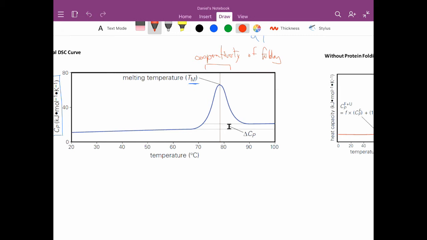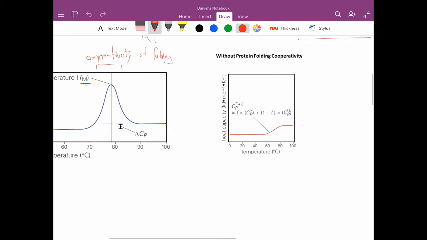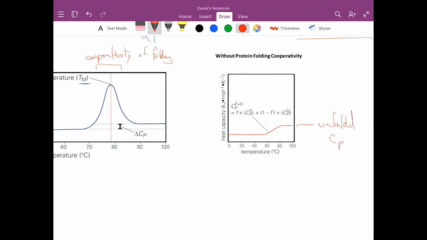What you would expect to get if there was no cooperativity in protein folding is a heat capacity curve like this. Also assuming that there is a change in heat capacity between the unfolded and the folded states. So right here we have the unfolded, and here is the folded heat capacity.